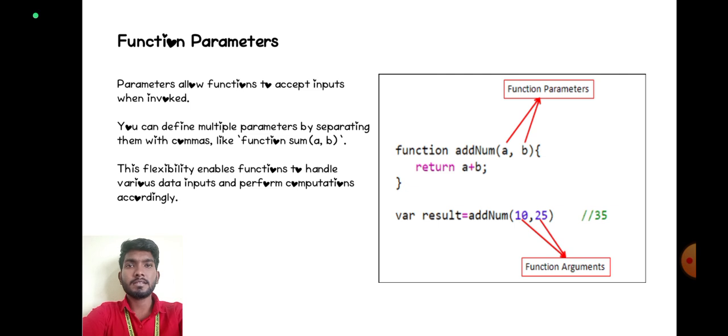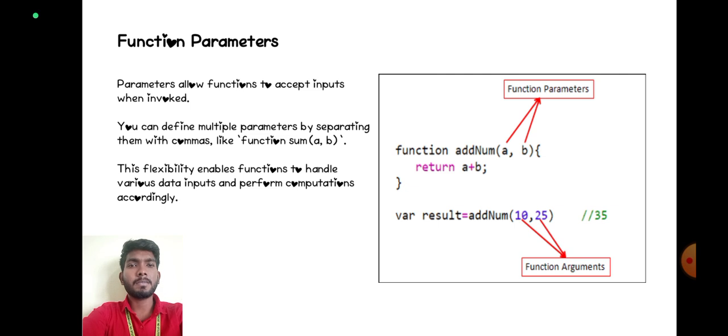Function parameters. Parameters allow a function to accept input when invoked. You can define multiple parameters by separating them with commas, like function sum of a, b. This flexibility enables functions to handle various data inputs and perform computations accordingly.